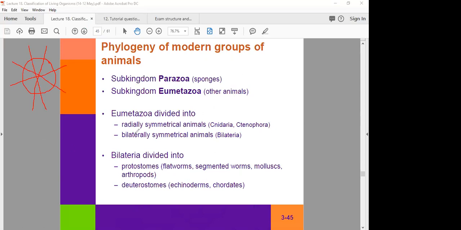But when it comes to bilateral symmetry, here comes one of my special drawings. Okay. And that's even worse than what I have previously drawn.